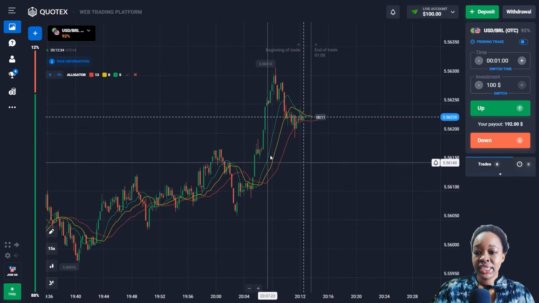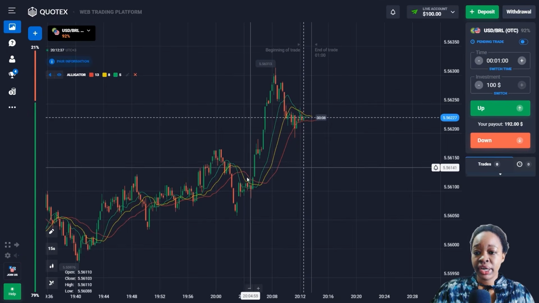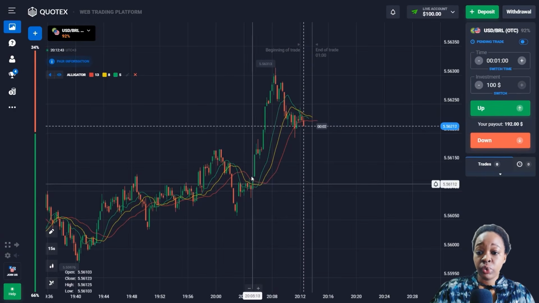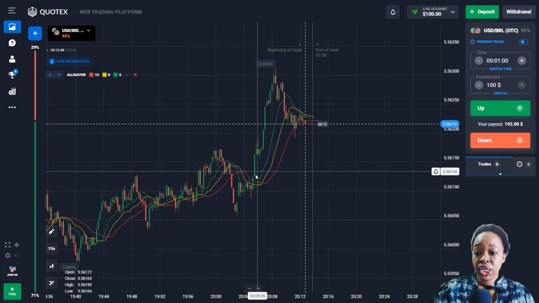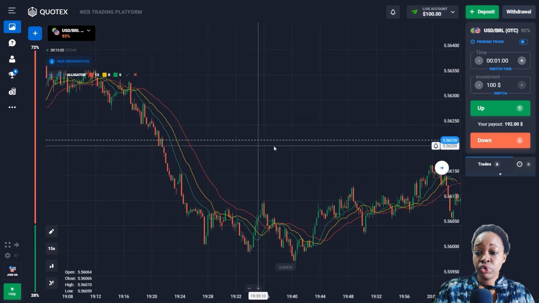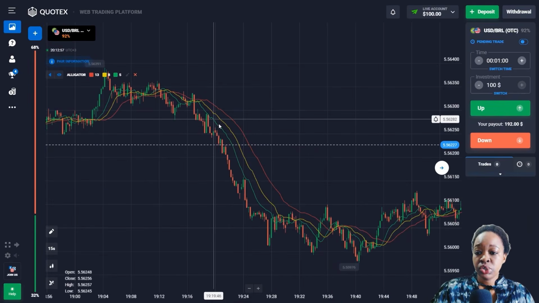As you can see, the indicator is represented by 3 slides: the green, the yellow and the red. When we see such an intersection of the slides, that is the green line goes up, you can open a trade for an increase since the price shows a good growth. And when we have the intersection of the slides, on the contrary, that is the green line goes down, we can see that the price shows a strong decrease.